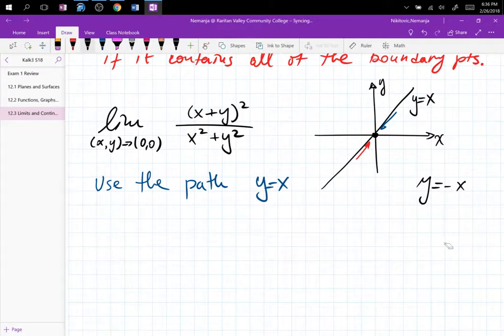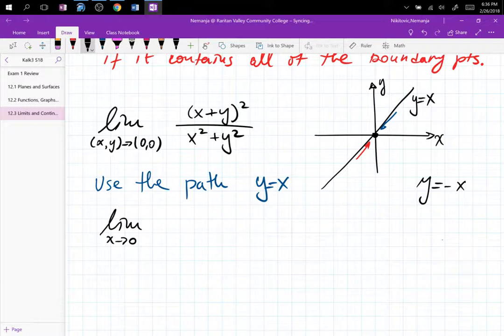And now, as you can see, I replace all y's with x's. And let's see if that helps. So what do I get? I get now the limit as x goes to 0, right? Because your y is x, so you have (x, x) goes to (0, 0). So just call it x goes to 0.